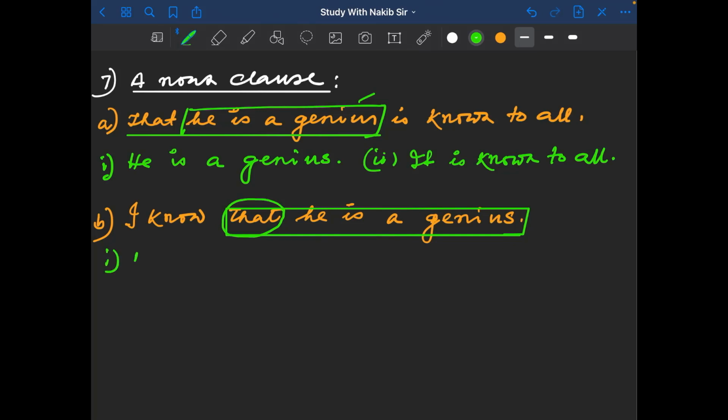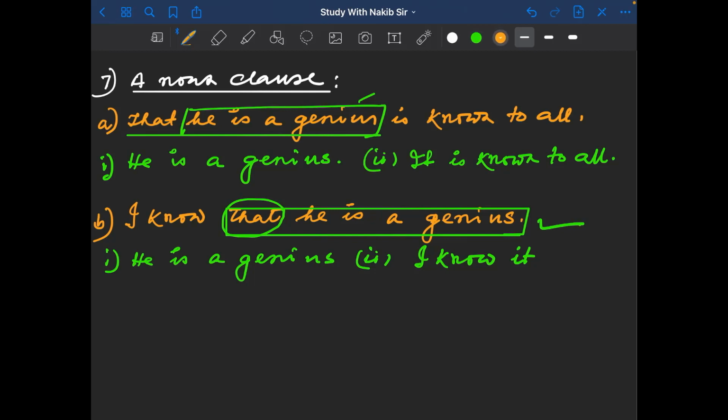Right, he is a genius, number one. And number two, see, this place is now vacant, blank, and for this blank space use it. I know it. So he is a genius, and number two, I know it. And for this sentence we have got two small sentences. Number one, he is a genius, and number two, I know it.